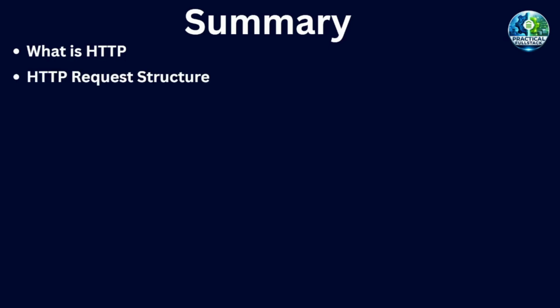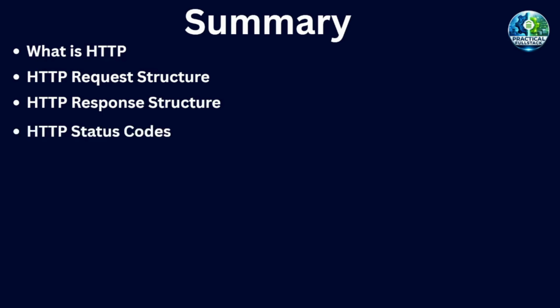Let's quickly summarize what we covered in this video. We started by understanding what HTTP is, the protocol that allows browsers and servers to communicate. Then we looked at the structure of an HTTP request and the structure of an HTTP response and how these messages are exchanged between the browser and the server. After that, we explored HTTP status codes, which indicate the result of a request, whether it was informational, successful, redirected, or resulted in a client or server error.